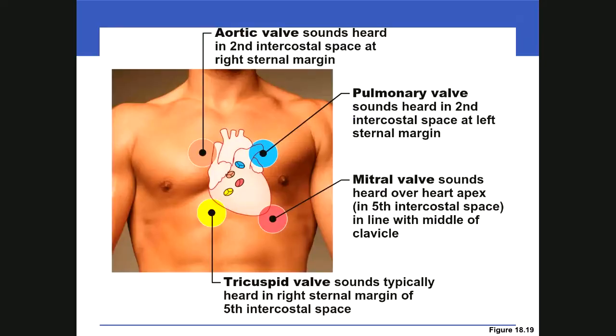But if you want to hear the sounds, we use a stethoscope. If you've ever been to the doctor and noticed what they do when they listen to your heart, they move the stethoscope around. Well, they don't move it randomly. They move it to very, very specific spots. And each of these spots is where you can hear a particular valve the best.